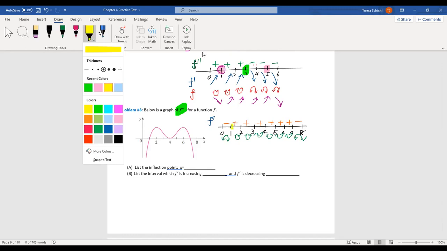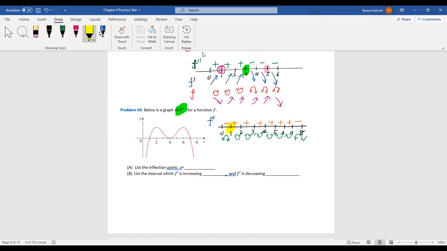Here, it changes from concave down to concave up, then it stays concave up, and then it changes again. So the inflection points are x equals 1 and x equals 7.